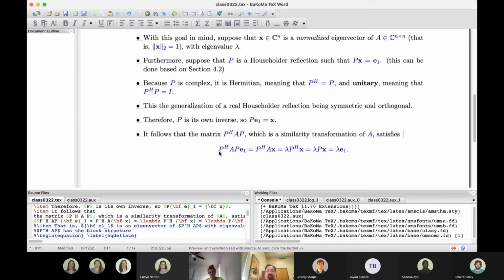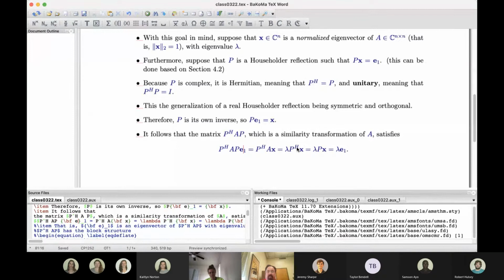To find out, I'm going to take this matrix and multiply it by e1, because this extracts the first column of this matrix. Well, P e1 is equal to x from up here. But x is an eigenvector of A, so A x is lambda x. Lambda is a number, I can put it wherever I want.